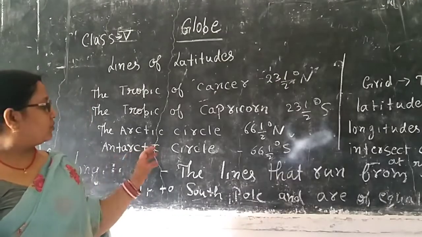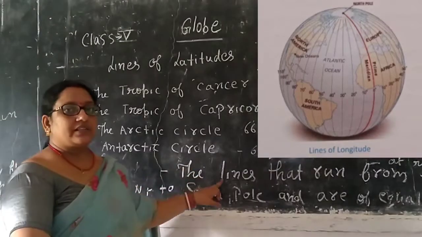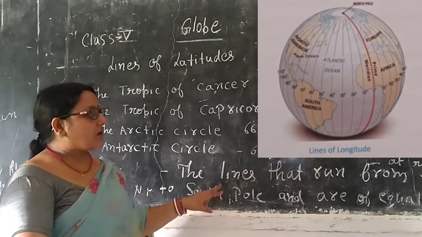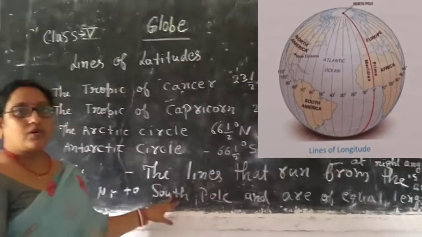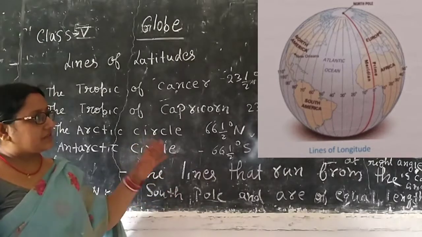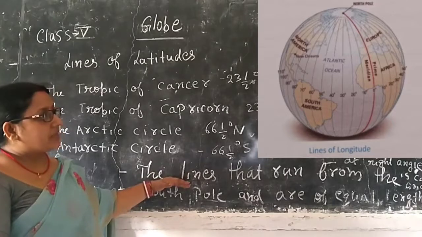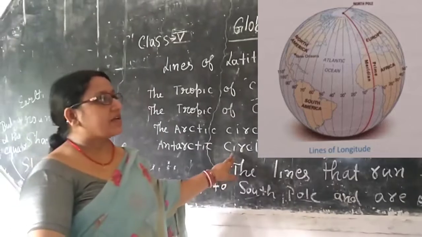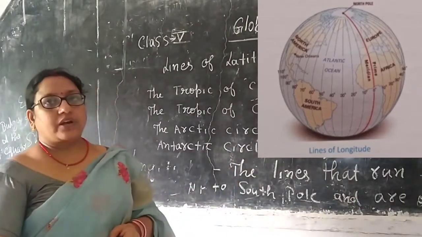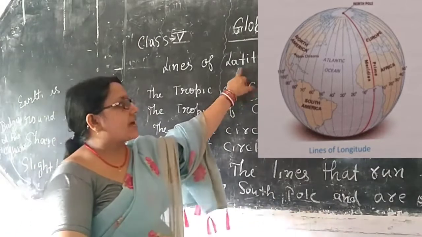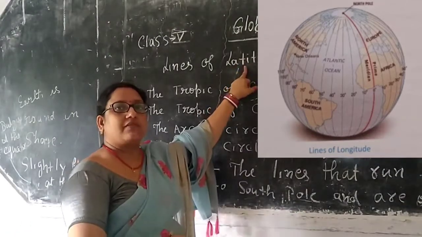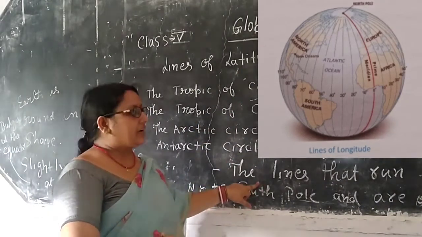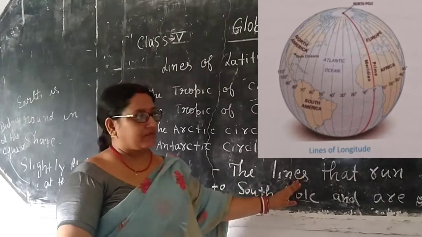Now we are coming to longitude. Longitudes are lines that run from the north pole to the south pole and are of equal length. If we are talking about longitude, we can't forget the line called the prime meridian, which passes through Greenwich in London, UK. As the equator was dividing the earth into two equal halves, in the same way the prime meridian divides the earth into the western hemisphere and the eastern hemisphere.